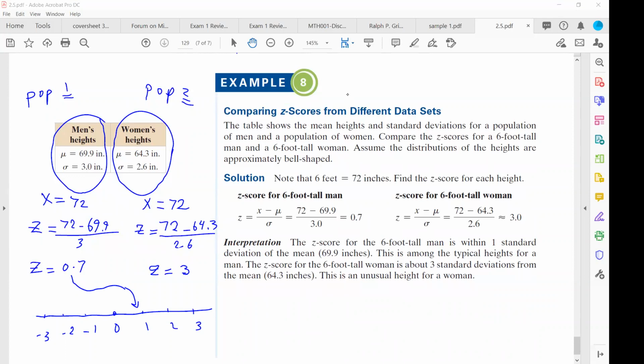But when it comes to the population of women's heights, this is three standard deviations away from the mean, located here. So you say that the second value, your x equals 72, is considered an unusual height for a woman.